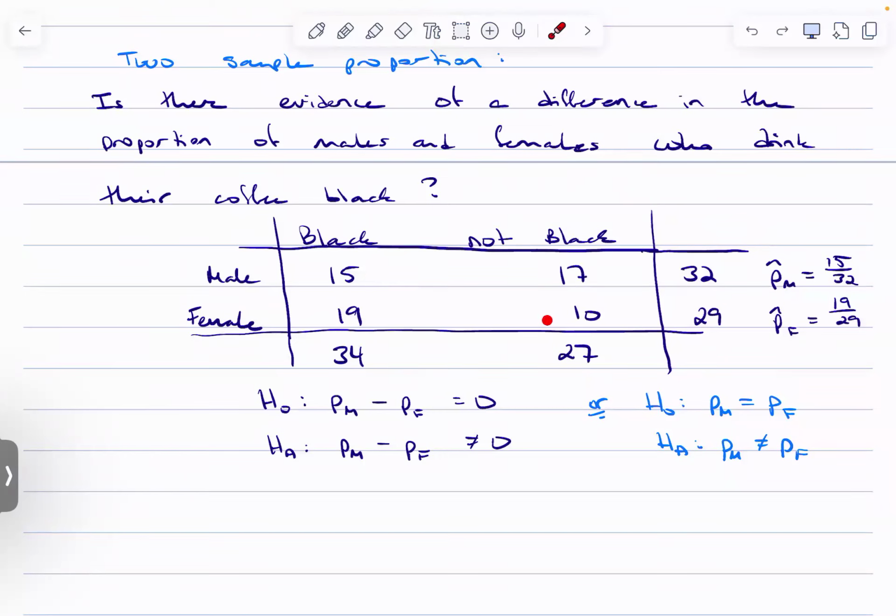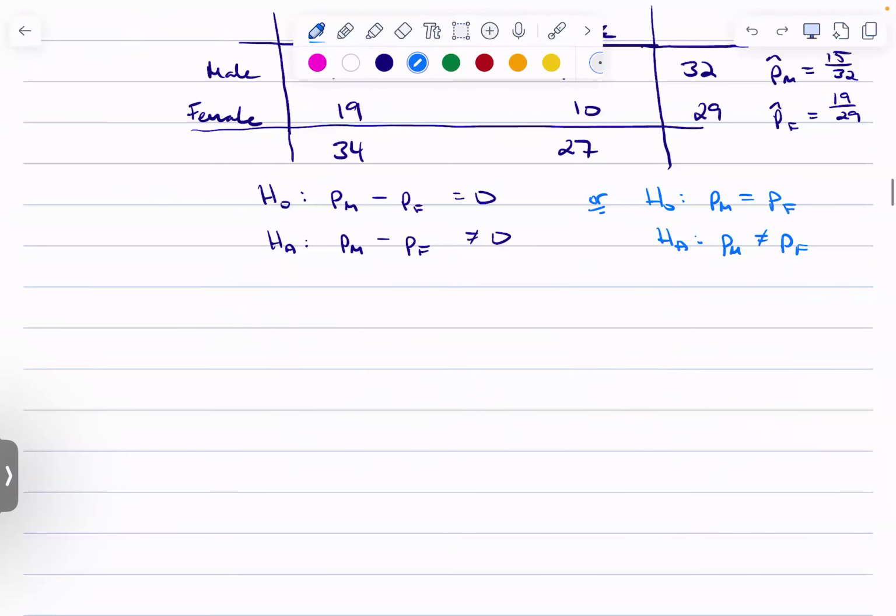Okay. So now, what's a chi-squared goodness of fit test? A chi-squared goodness of fit test for this data, right? Chi-squared goodness of fit means I need 3 or more categories, right?